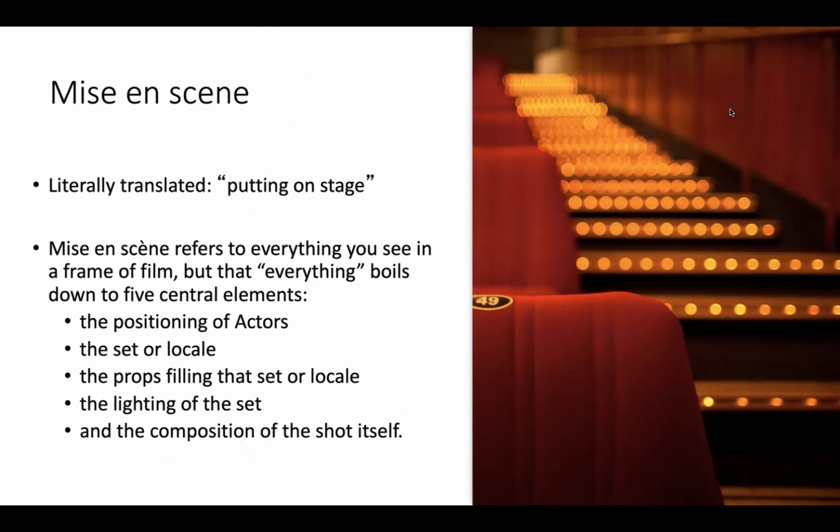So when you are deciding how you're going to put together a shot and what it means and why you're doing it, to tell the story or to tell your character's point of view or to make your audience feel a certain way, one thing you have to think about is the term mise en scene. And this is a French fancy word for basically putting on stage.